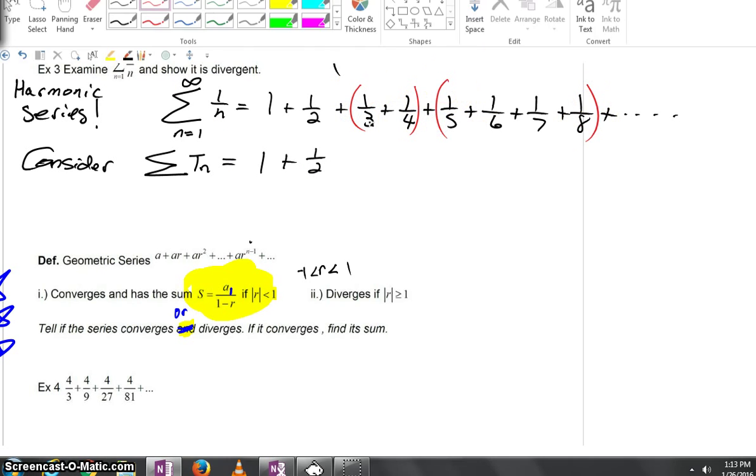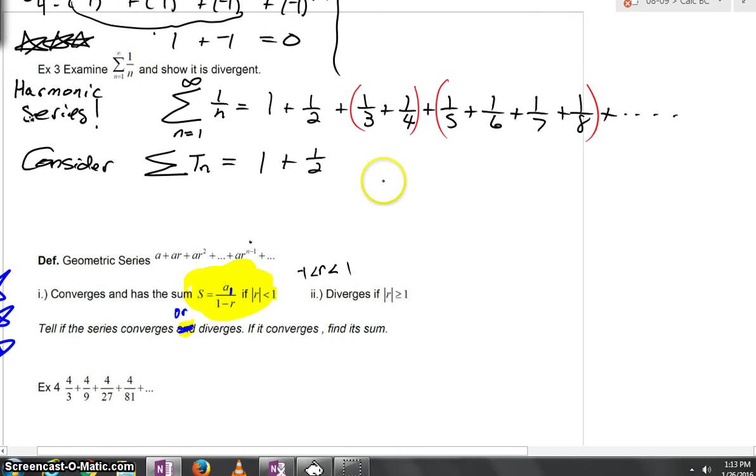But you're going to see I'm going to group some things together. Here's what I want to ask you. What's bigger, 1/3 or 1/4? 1/3 clearly is bigger, isn't it?